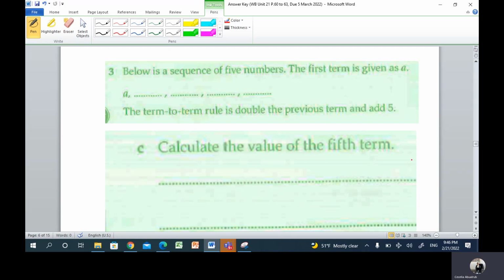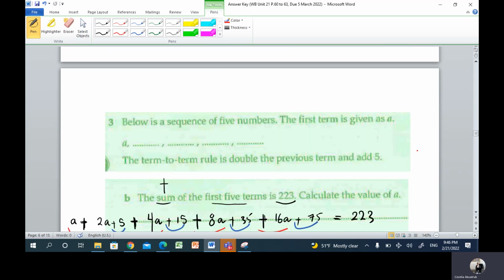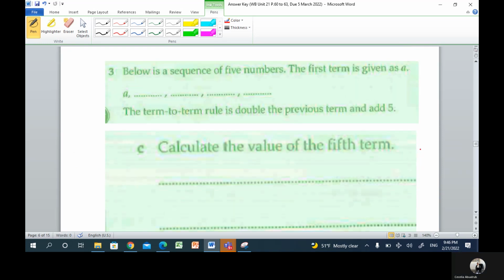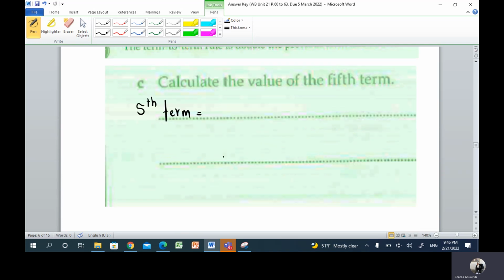Below is a sequence, and we did that, calculate the fifth term. So let's say that one last time. The expression for the fifth term, if we go up, is 16a plus 75.